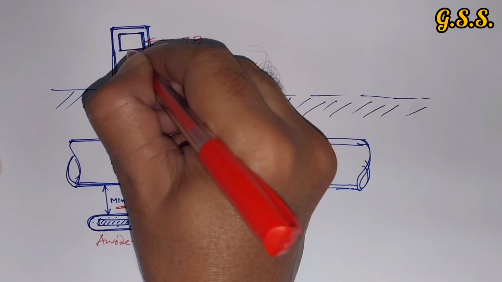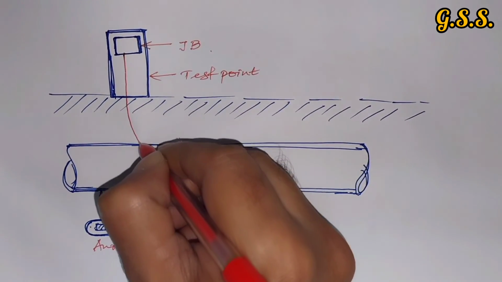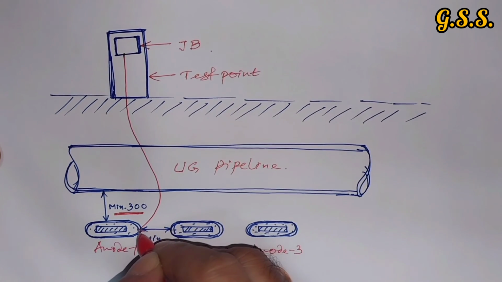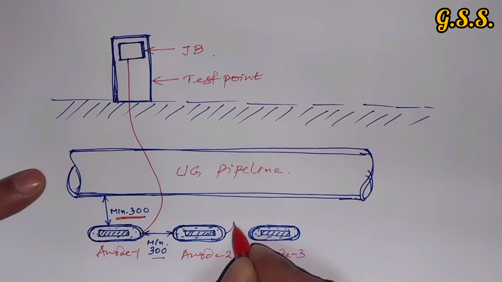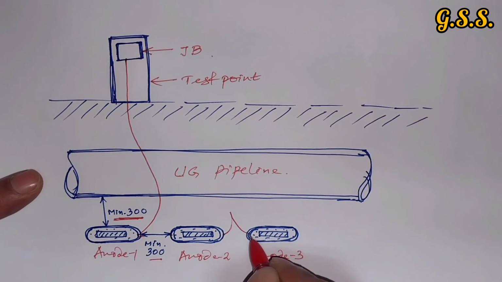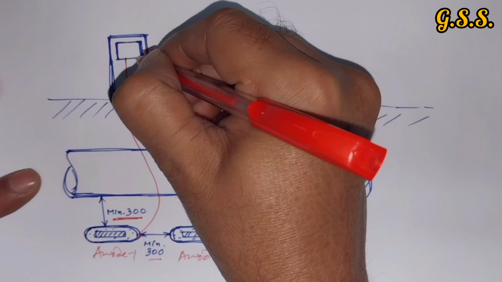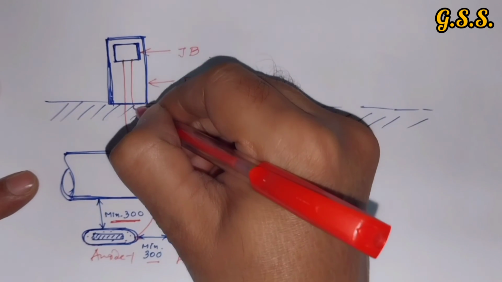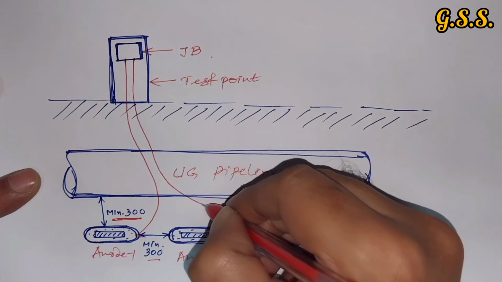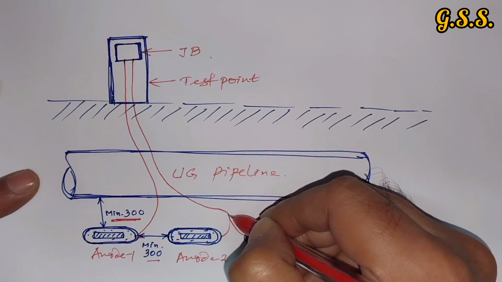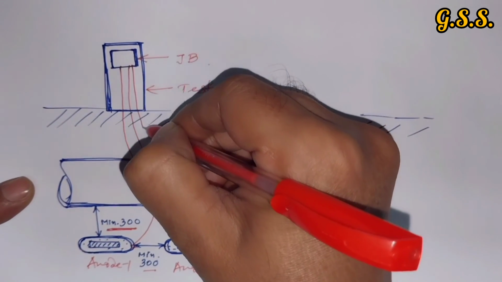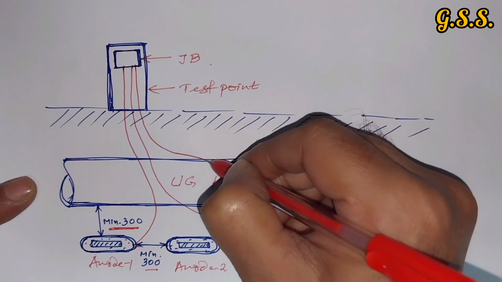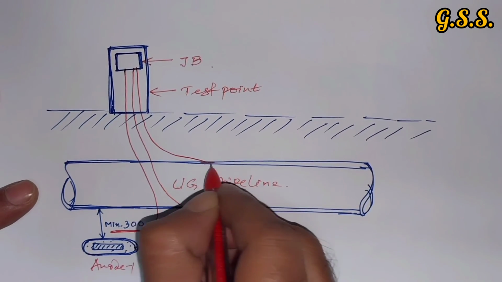To the test point, the cable goes like this from this anode, and this anode and this anode are connected. The cable goes to these two anodes like this, and another cable comes from the JB to the pipeline to be protected like this.